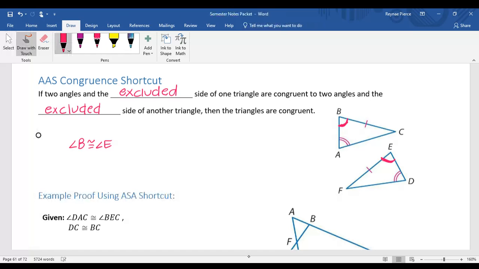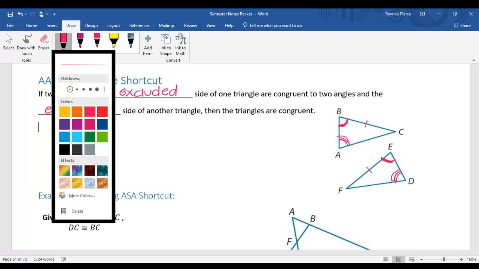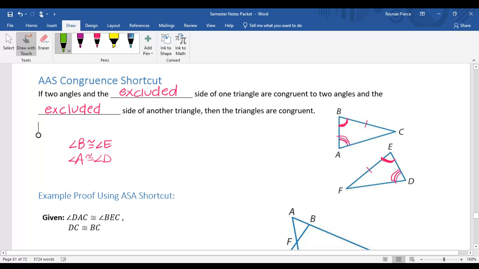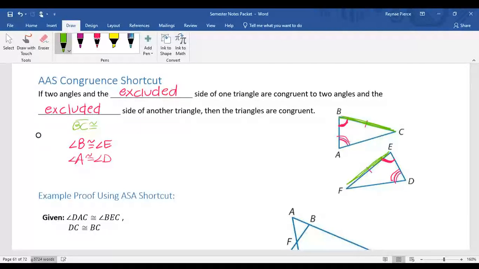We've got angle A congruent to angle D. All right, but now notice this side that is congruent, or the pair of corresponding sides, only touches one of our two congruent angles. BC is congruent to EF.